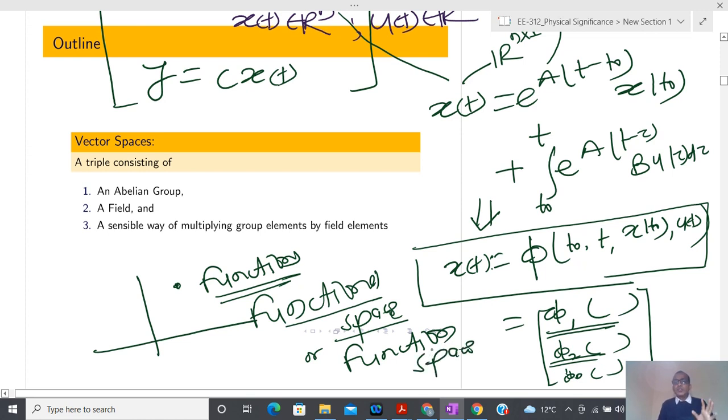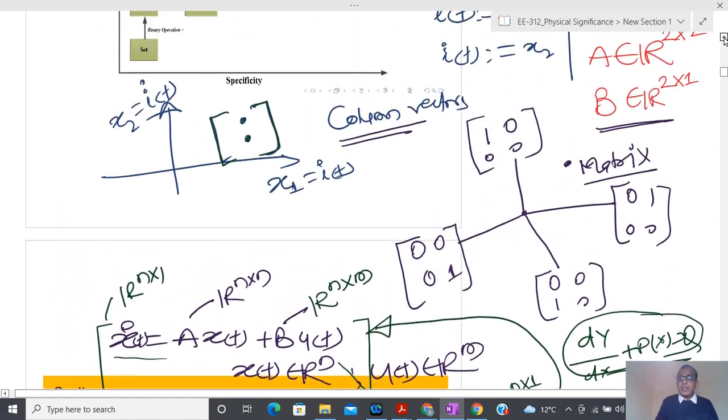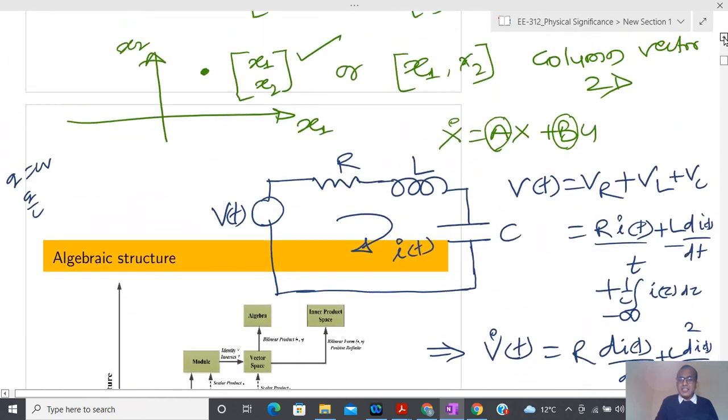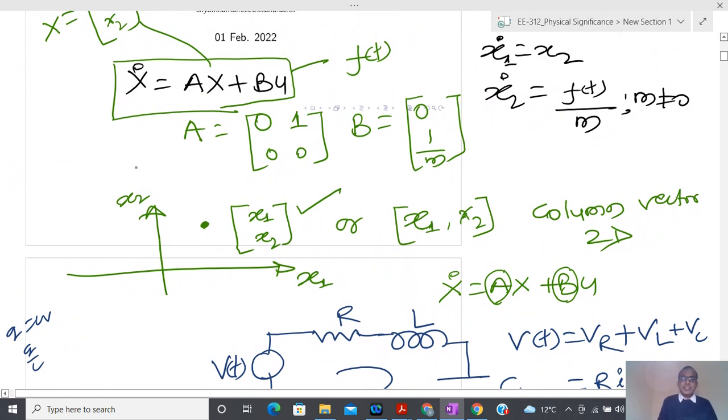So far, what we have seen is that if I have some kind of dynamical system, and a very simple dynamical system I have taken, the linear time invariant dynamical system, it might be possible that I have three different kinds of space.